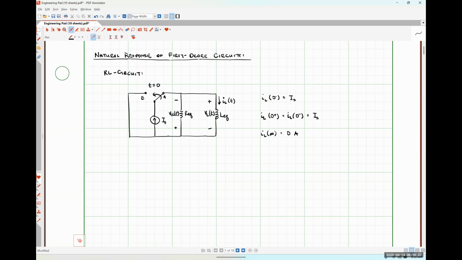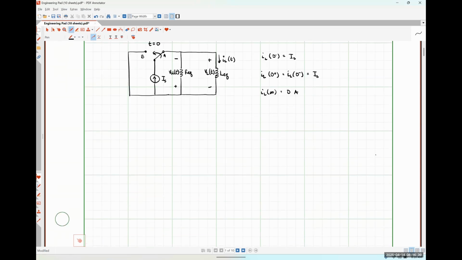So if I were to plot things out here really quickly, I would have something like this. This is IL of t measured in amps, and this is going to be time measured in seconds. And this point right here represents t equal to 0.